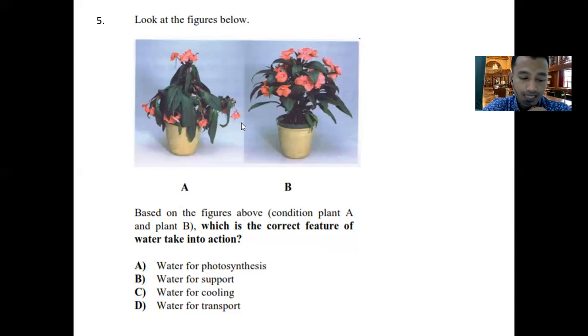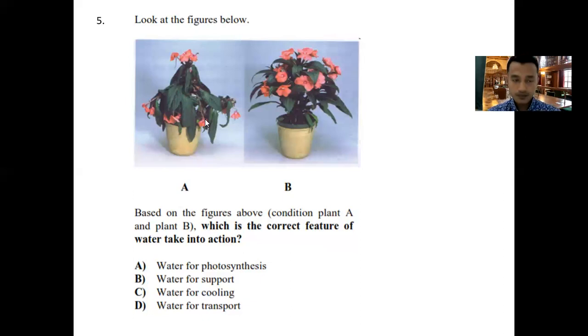And once all the cells in the plant are like this, the plant collapses, as you can see in diagram A, because each cell doesn't contain enough water. After we pour water into the vase, they can absorb the water and take it to all the cells, so the plant becomes strong and firm again.